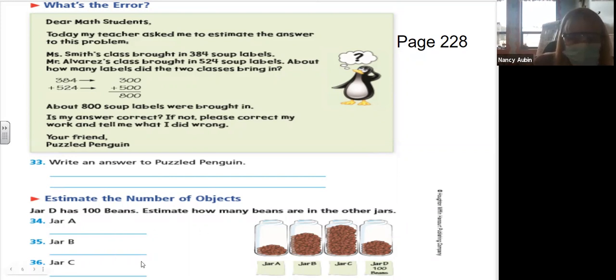Or just give it to your teacher and I'll get it at the end of the day. I'm going to stop sharing real quick. If any of you want to hold up your Puzzle Penguin for me, you can put it there. Okay, Gavin, I'm going to have you unmute.